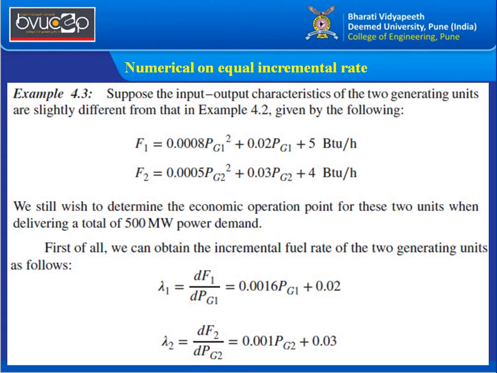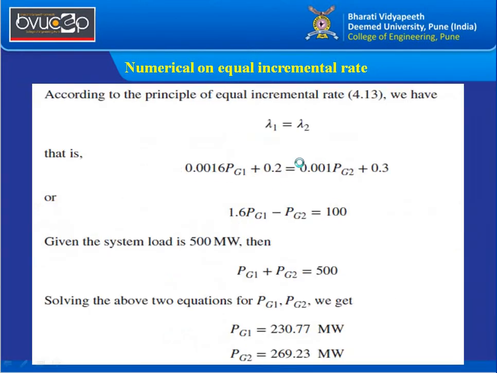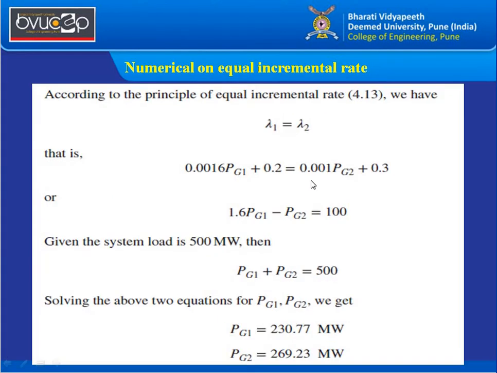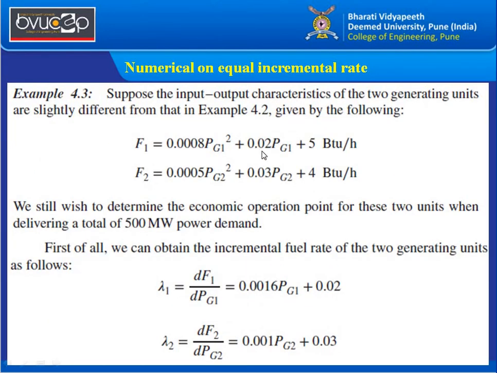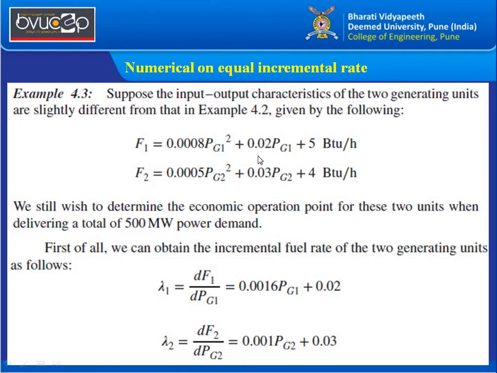If we compare the equations, the only thing we have done is that instead of 0.2 we have taken 0.002. Only that is the difference, nothing apart from that. Everything else is the same, only these two factors are changed compared to the previous example. The 500 megawatt demand we are keeping as it is.